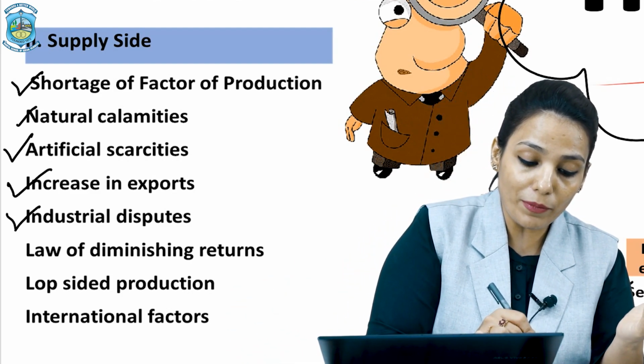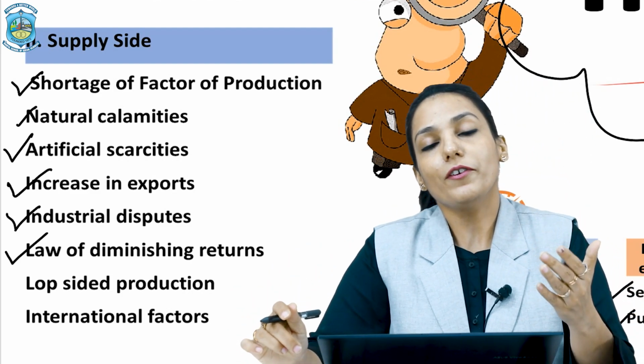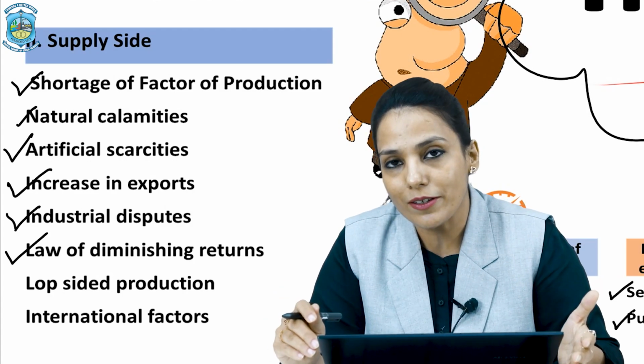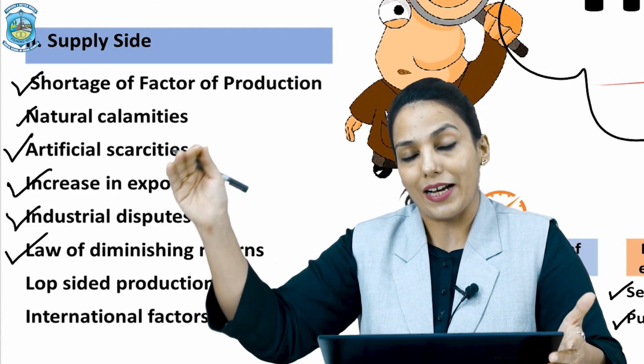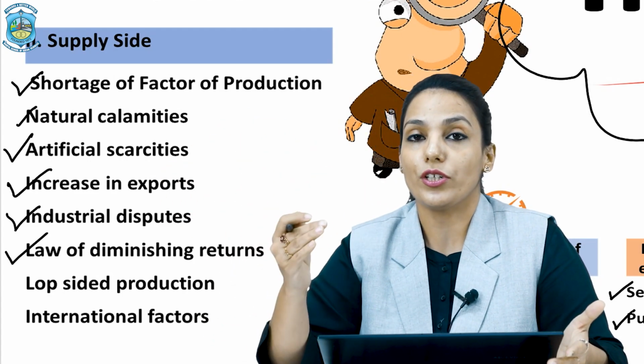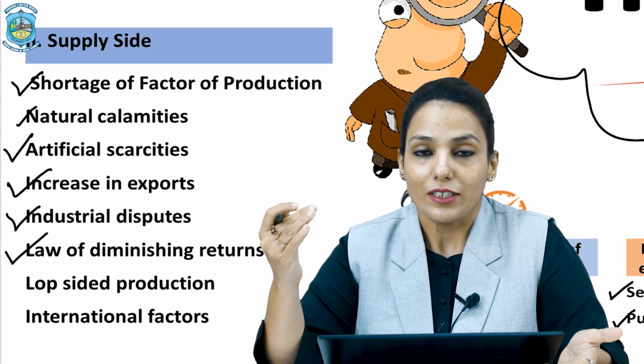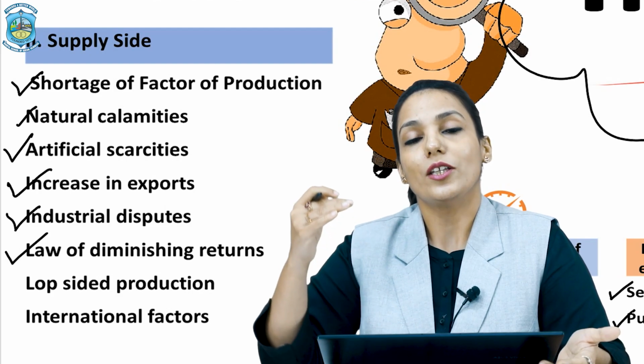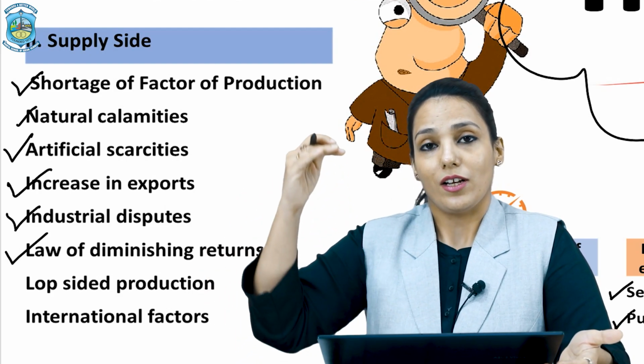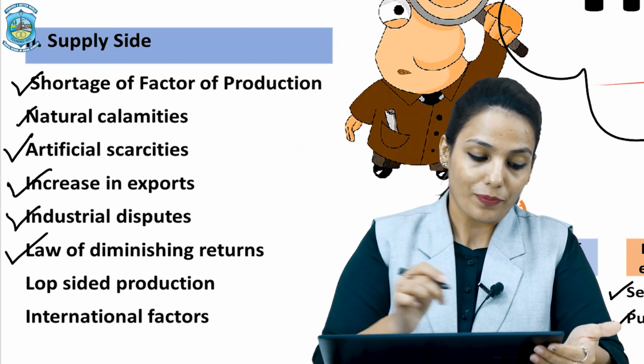Or due to the law of diminishing returns. The law of diminishing returns says that after a certain point, even if the industries or entrepreneurs are putting in more money, the return that they will get, the products that they are able to make, will decrease.